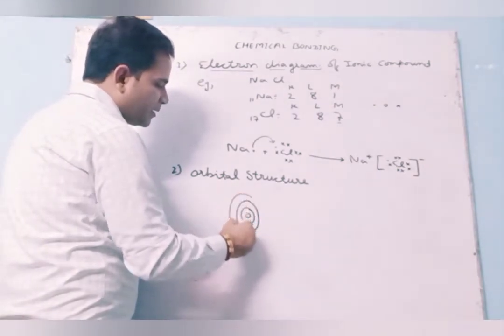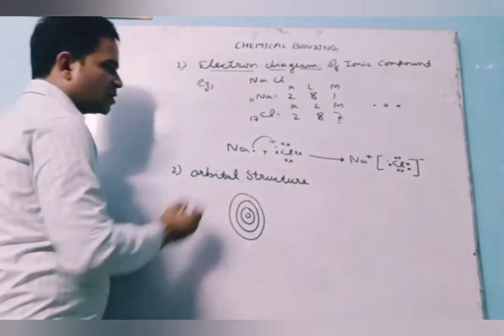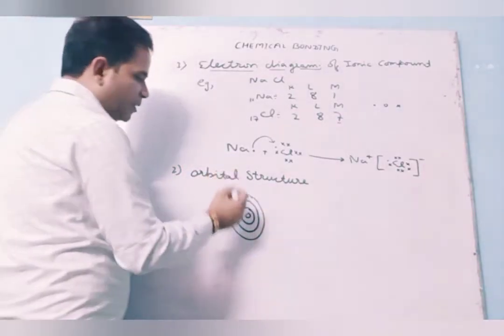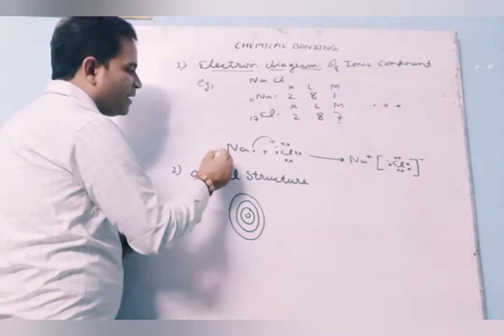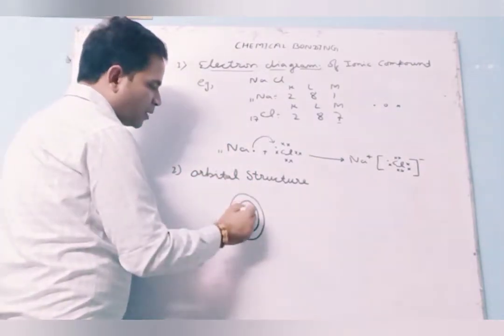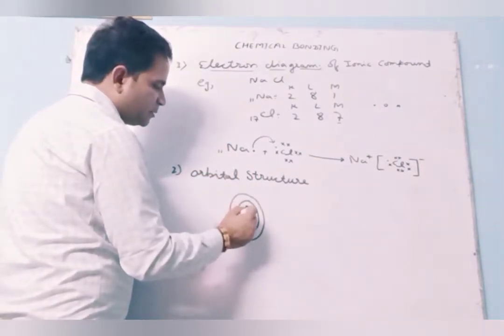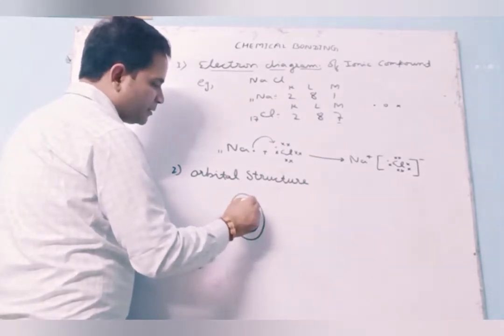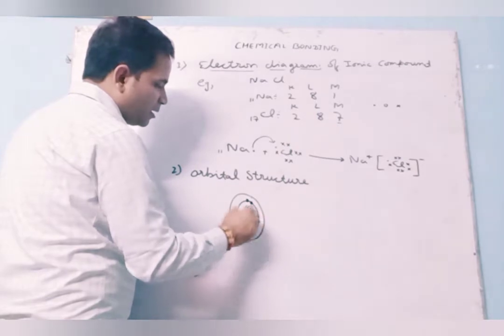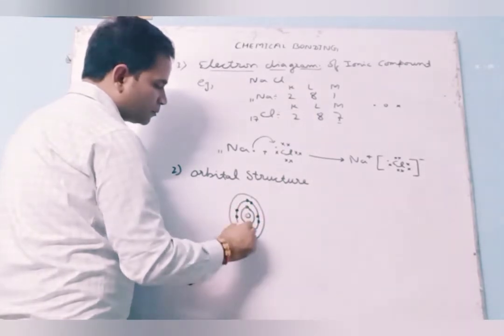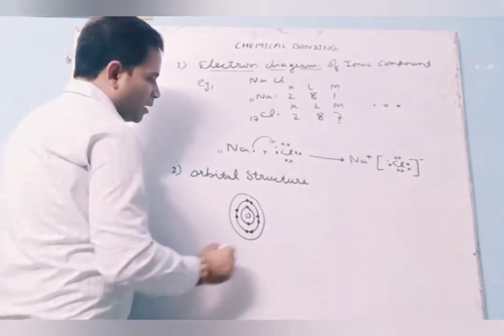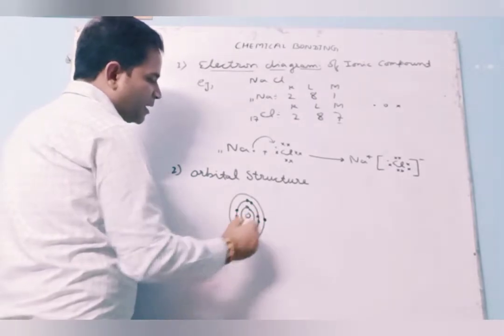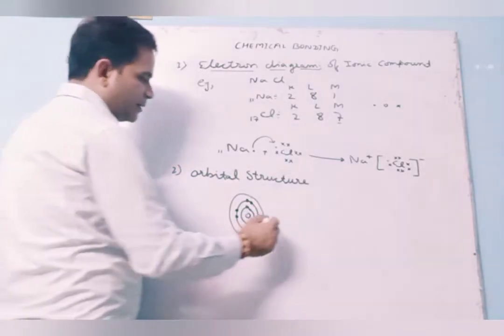Three shells are here, because sodium has 3 shells, and the atomic number is, as you know, 11. So in the K shell 2 electrons, the L shell 8 electrons, and now in the M shell 1 electron is here.